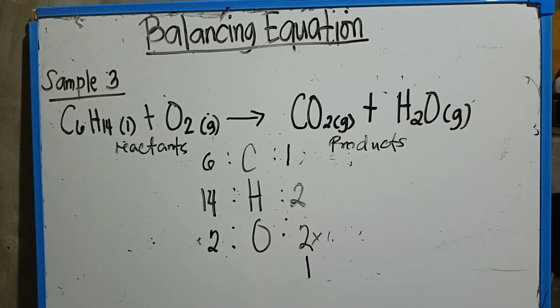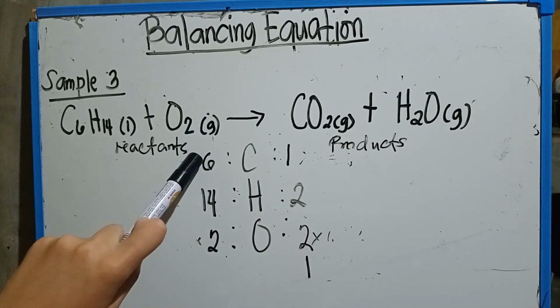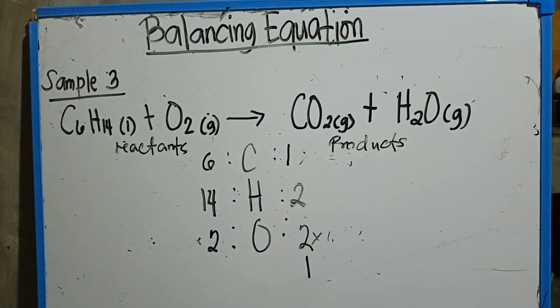We need 8, 9. 9 is definitely not possible. So, why not try 2 here? It is definitely not possible, even if we add, because oxygen is what gets damaged.